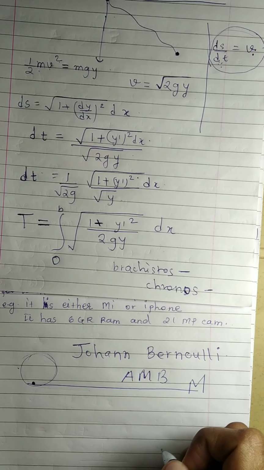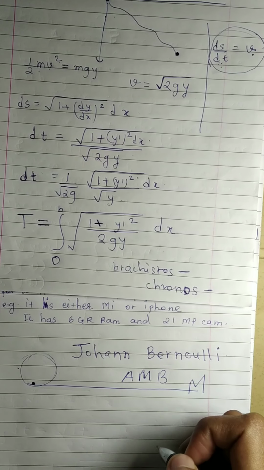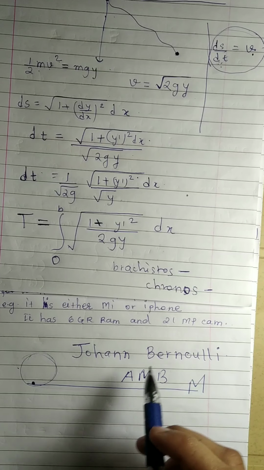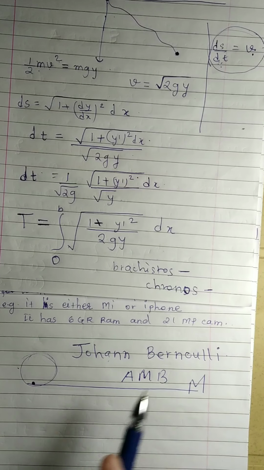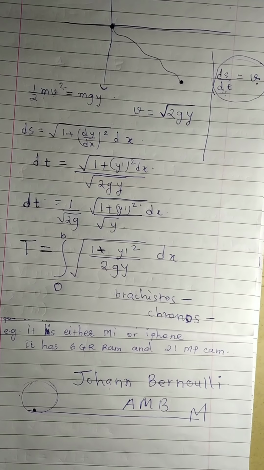In these words he posed the problem and challenged others to find the answer. His name was Johann Bernoulli. So that is the Brachistochrone problem.